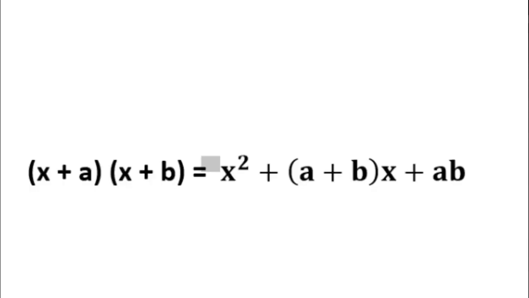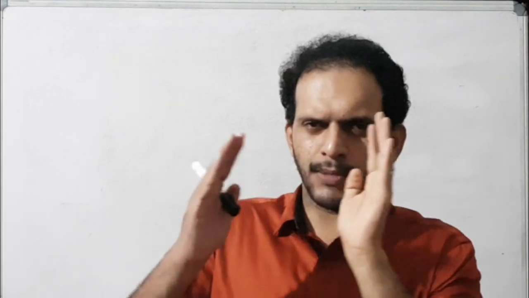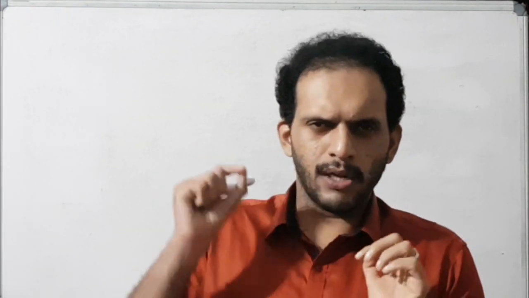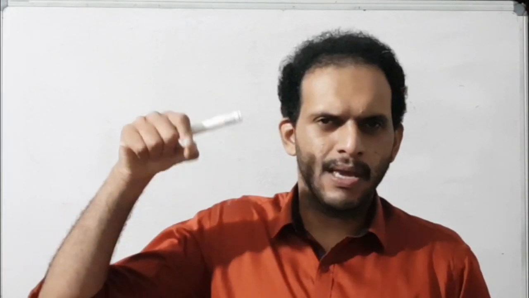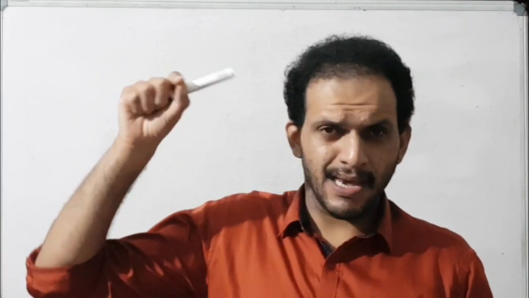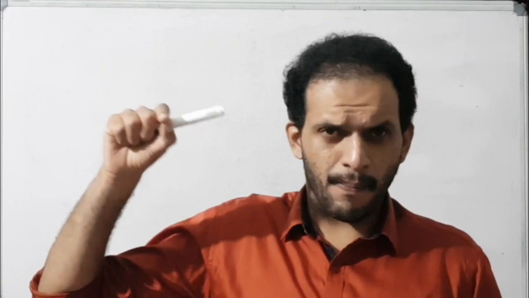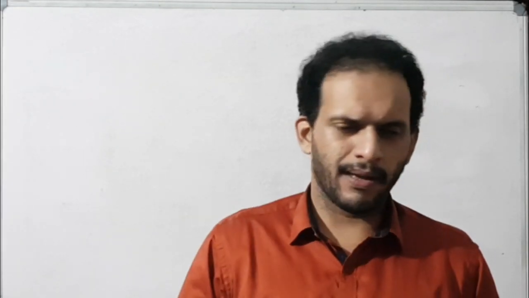X plus A into X plus B is equal to X square plus A plus B into X plus AB. Correct?